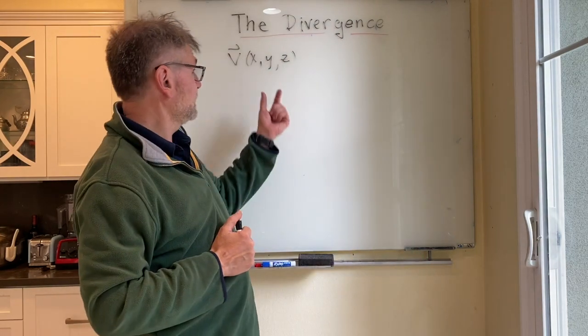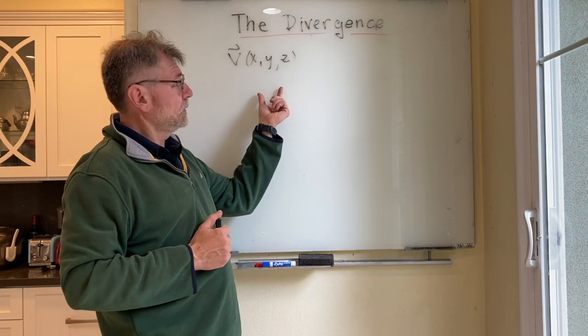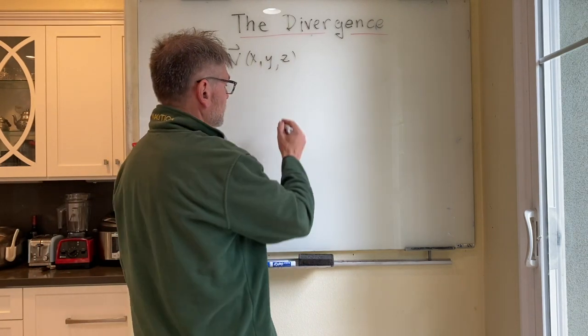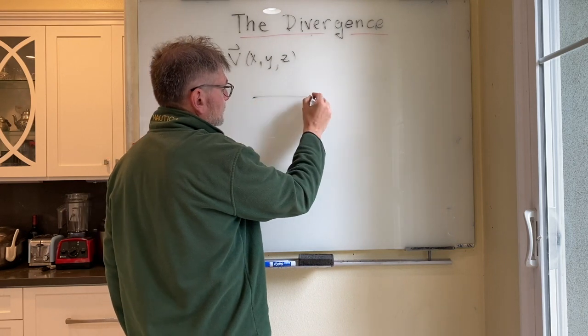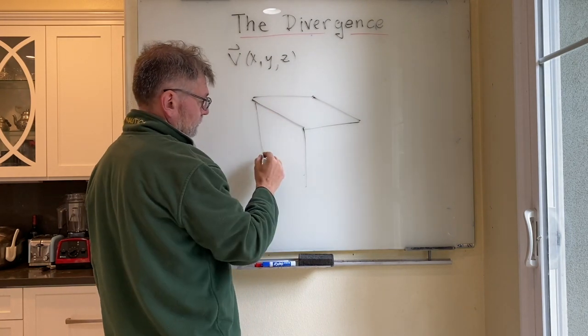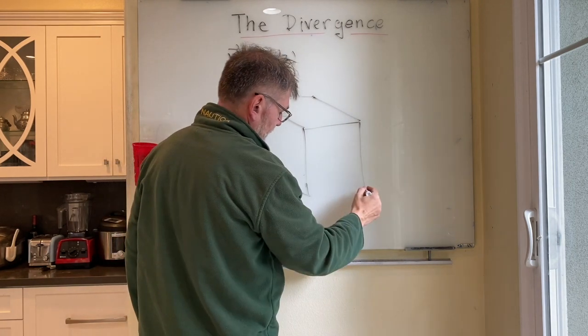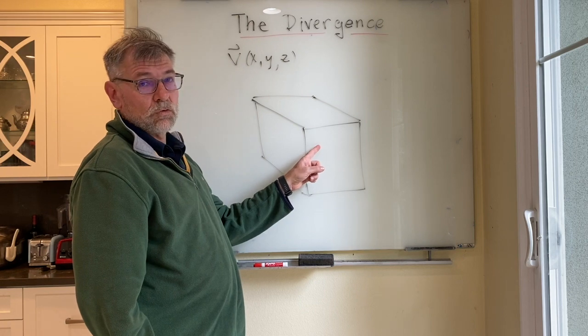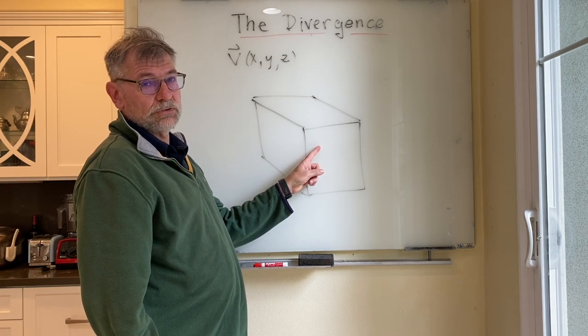All right, so what do we mean by the divergence of a vector field? Well, to think about that, we need to think of a volume. So I'm going to pick a volume, I'm going to pick it to be a box. So I have a box over here. And what the divergence is, is the outward flow through the surface per unit volume.